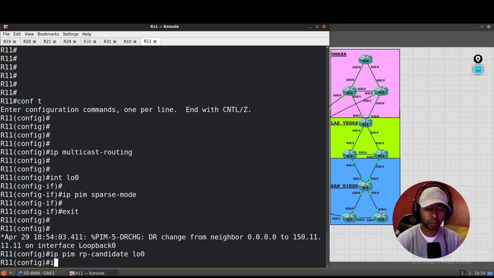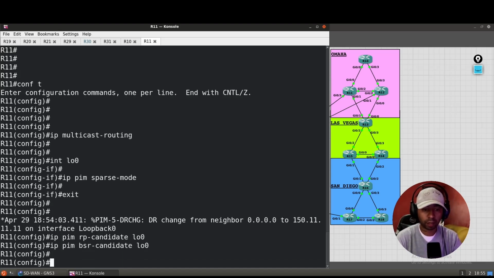And also IP PIM, we need to announce that we are the rendezvous point to the server. Who will be responsible to announce that will be the bootstrap router, which will be working as a mapping agent. IP PIM bootstrap-router candidate loopback 0.